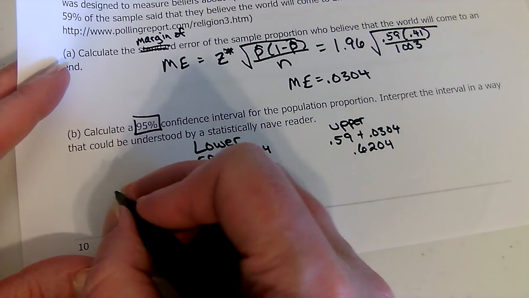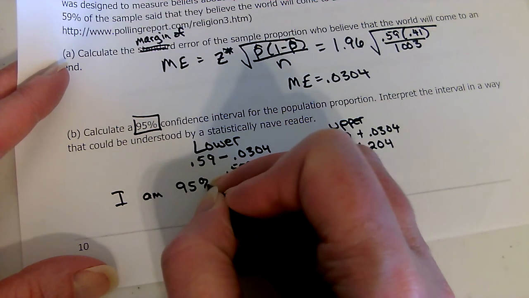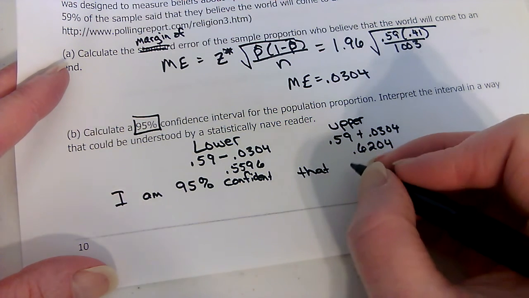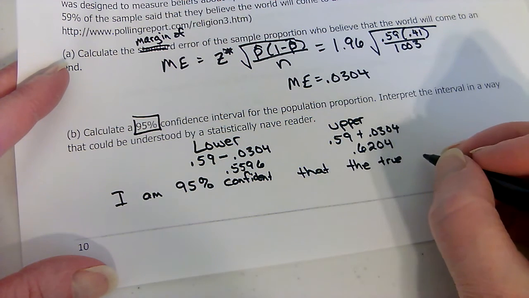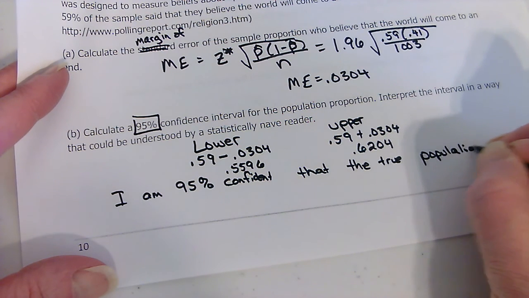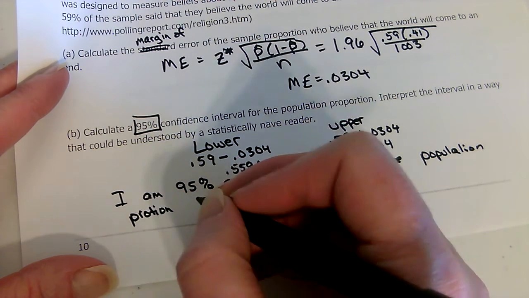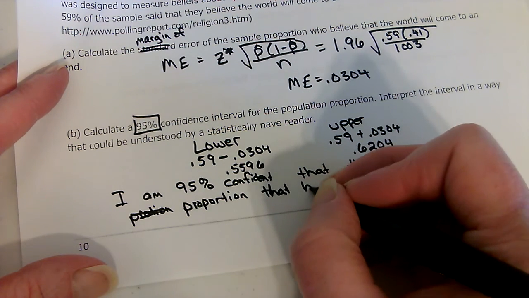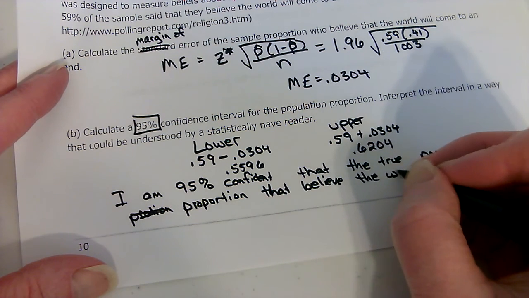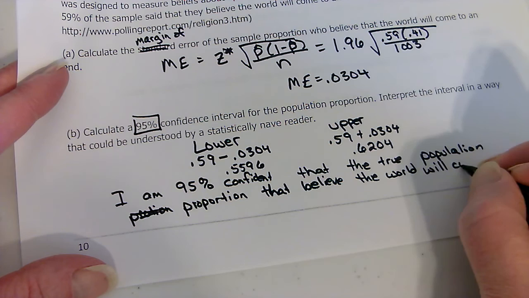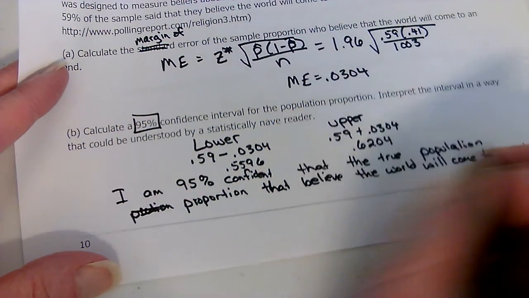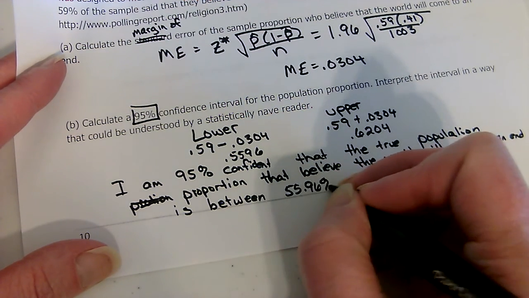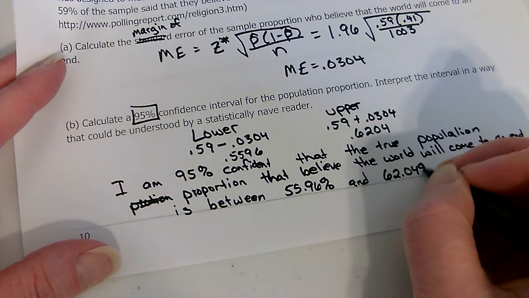So the interpretation would be, I am 95% confident that the true population proportion that believe the world will come to an end is between 55.96% and 62.04%.